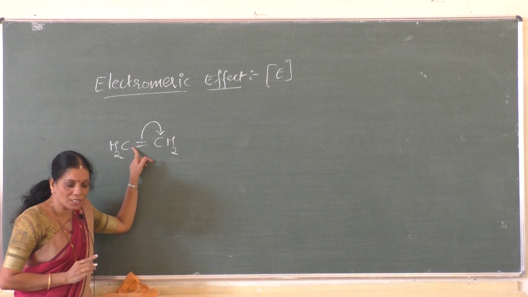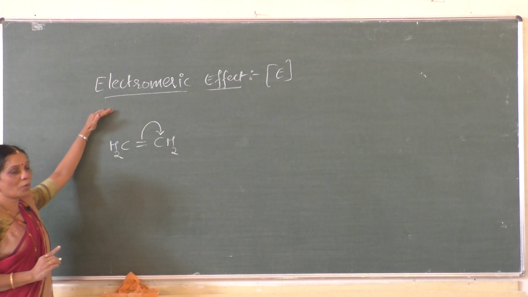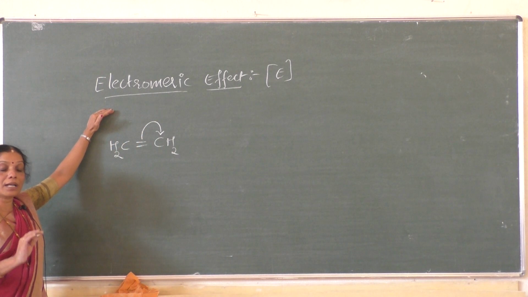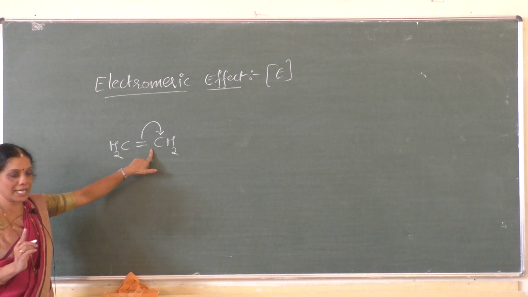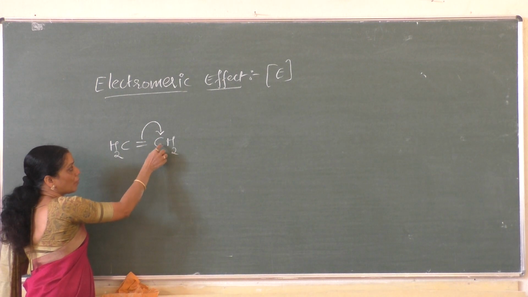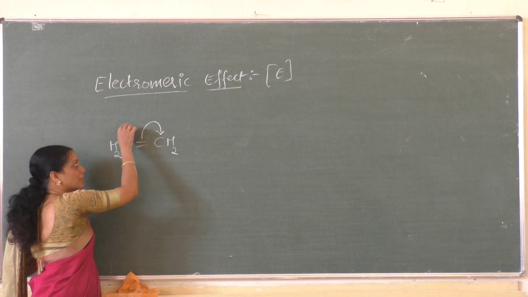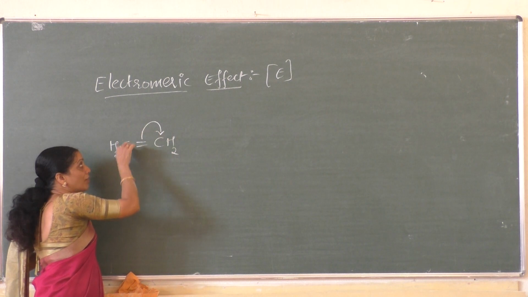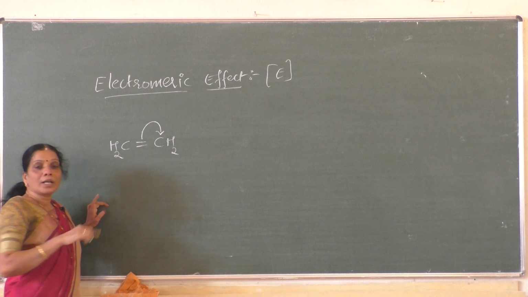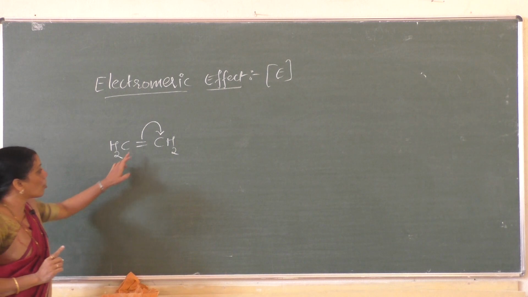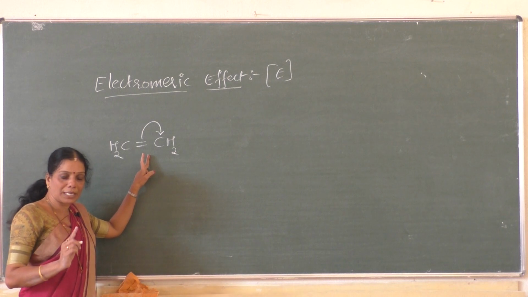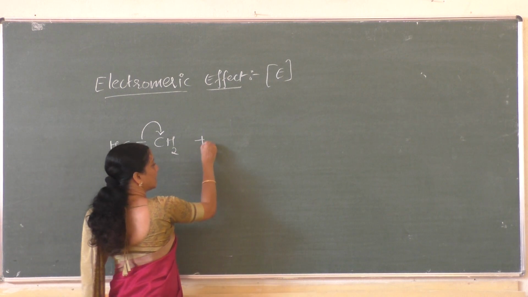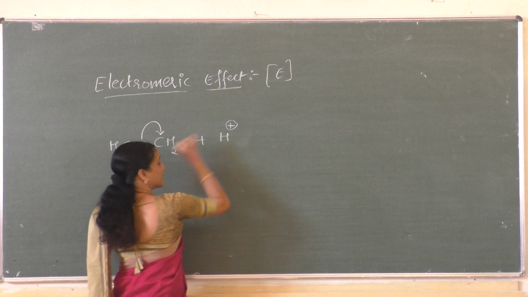Pi electrons. That means the electromeric effect means the complete transfer of pi electrons to any one of the atoms. Anyone, we can show the shift of electron to this carbon atom also. That means complete transfer of pi electrons to any one of the atoms involved in the multiple bond under the influence of what? Attacking agent.